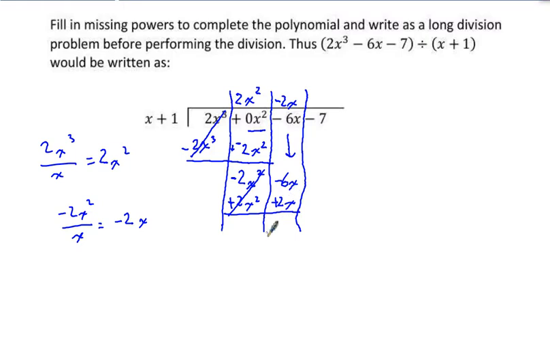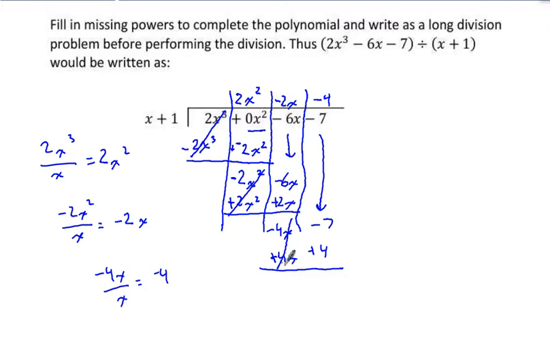Negative 6x plus 2x is negative 4x. We bring down the next term, negative 7, and repeat. Negative 4x divided by x equals negative 4. That goes in the constant column. And negative 4 times x and times 1, negative 4x minus 4. We subtract, our signs will change.